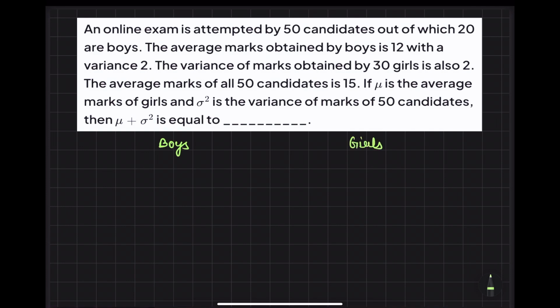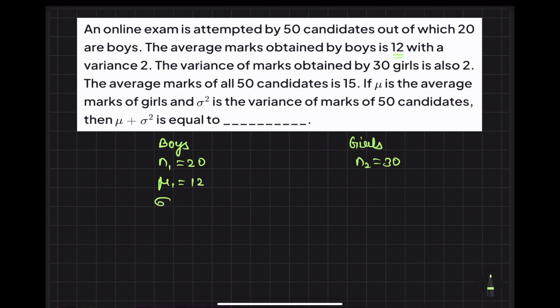There are 50 candidates, so the number of boys is 20, so the number of girls could be what? 30 for sure.